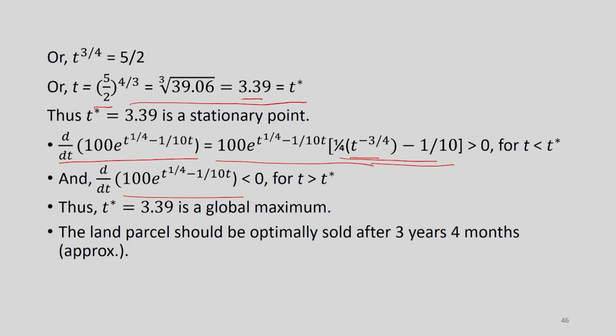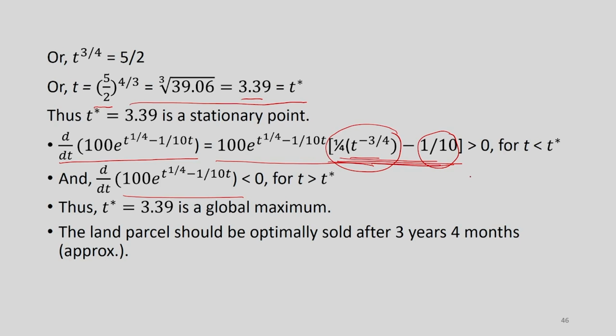At t star this is equal to 0, but if you take a value of t slightly less than t star, then this number becomes higher than this number, and therefore this entire term is positive.